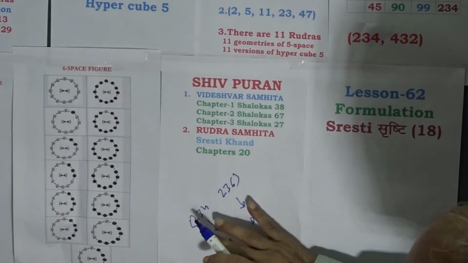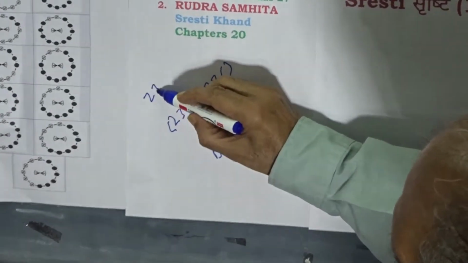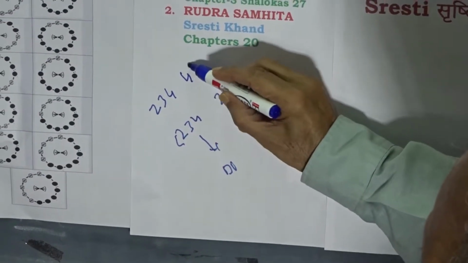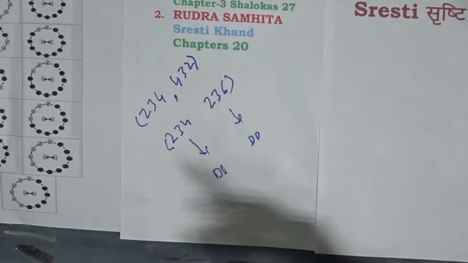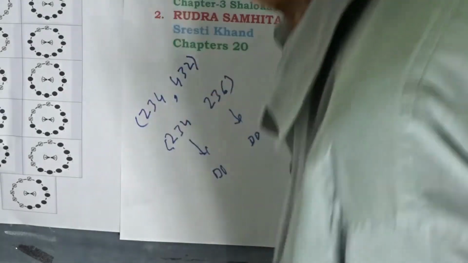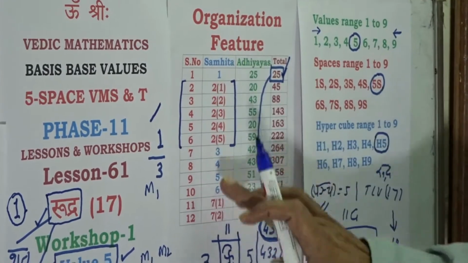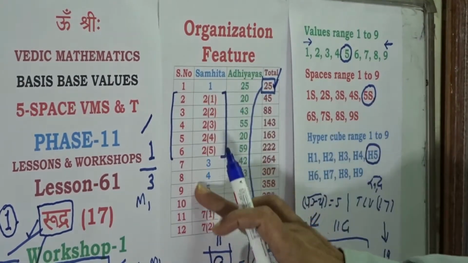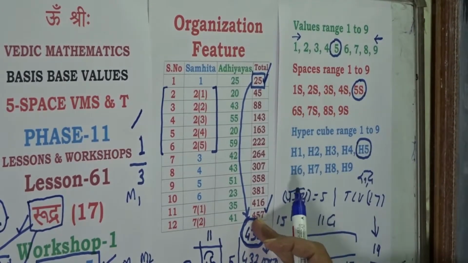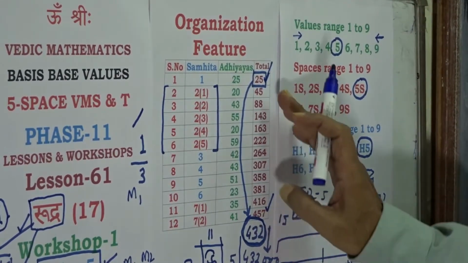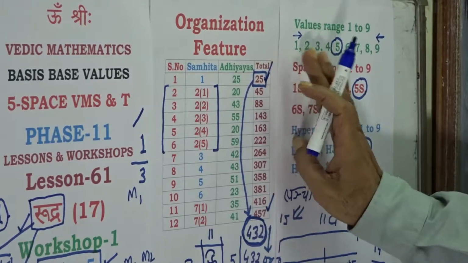We can have a pause here and take note that value 234 and value 432 constitute a reflection pair. We had seen that the organization feature of the text of Shiv Puran, of Samhitas 1 to 7 of all its 12 parts, was giving us the total chapters range as 457, with the 25 chapters of Videshwar Samhita as a class.